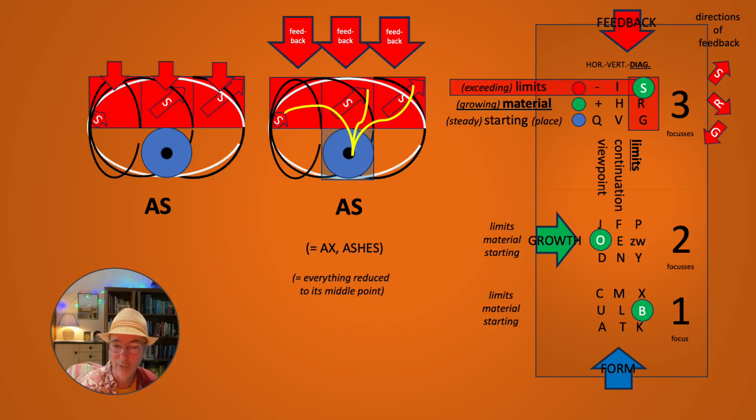Everything is reduced to that middle point where I start from, for whatever effect that I will have at the ending. It will all be reduced to that middle point, and that fits to the X itself, because all will be reduced to the orientation around that point, but also to ashes, where also all the dust will come down to be reduced to as little of elements as possible. So still as an orientation, it can be used for it.